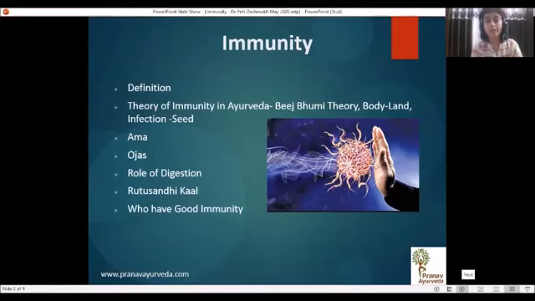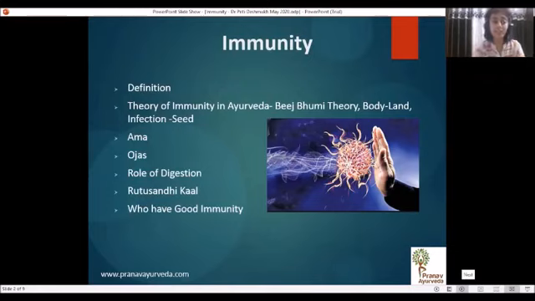The sar, or the greatest portion of these dhatus, is mentioned as ojas. The infection will find it to be fertile ground for spreading, just as land that is fertile will sprout many seeds.